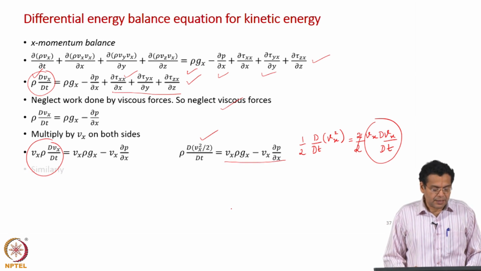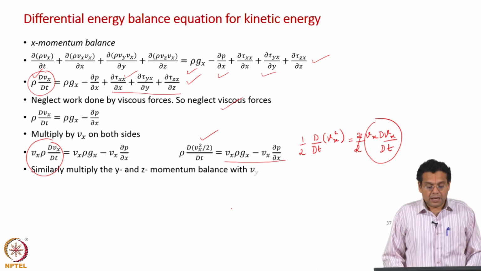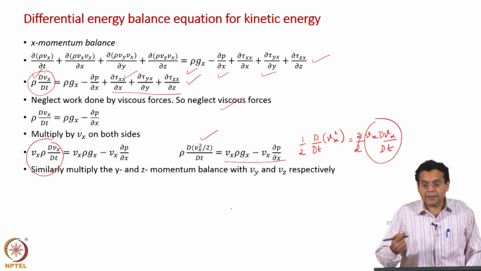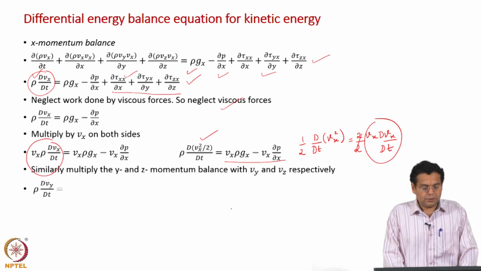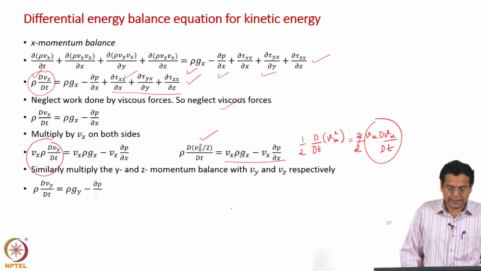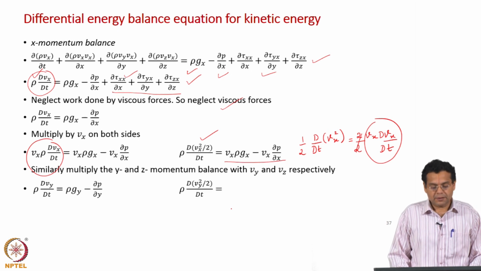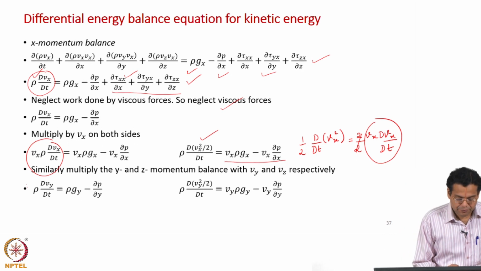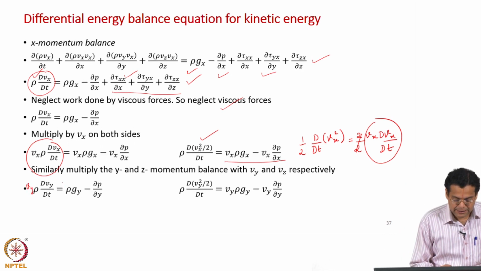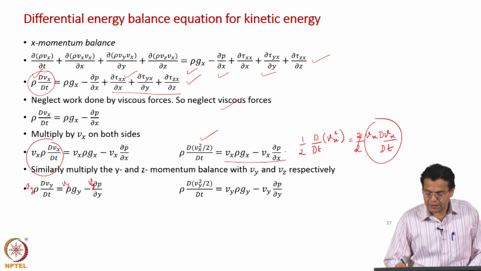Now, let us repeat the exercise for the y direction and z direction, multiplying by the respective velocity components. So, rho dVy by dt is equal to rho gy minus dou p by dou y, and we multiply by Vy on both sides, which is of course not shown here, and then we get an equation similar to this.